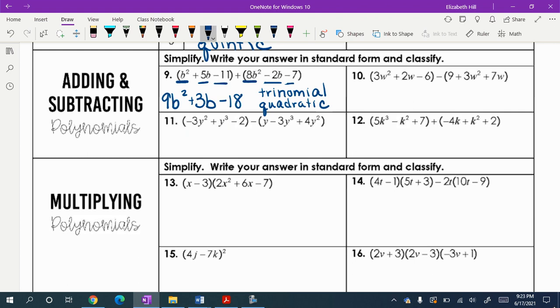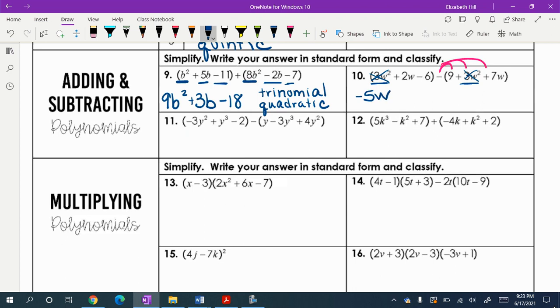When you're doing subtraction, just be careful because you need to make sure you're subtracting everything. As I look at this, I'm taking 3w squared minus 3w squared, so that gives us 0w squared. Those cancel each other out. 2w minus a 7w gives me a negative 5w.